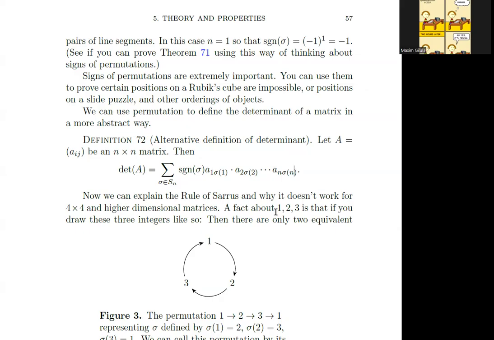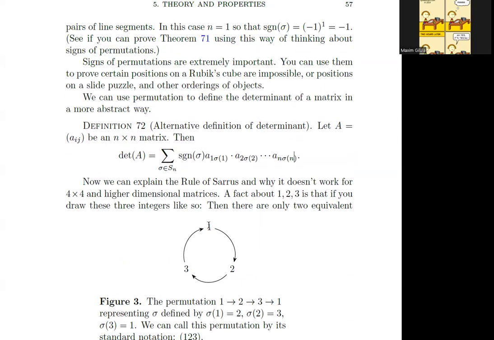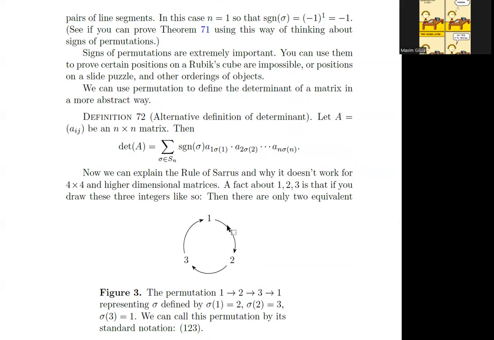Basically, it has to do with the fact that if I try to permute 1, 2, 3 with each other, and 1 goes to 2, 2 goes to 3, and 3 goes to 1, then there's only two ways to permute these three objects without fixing one of them.